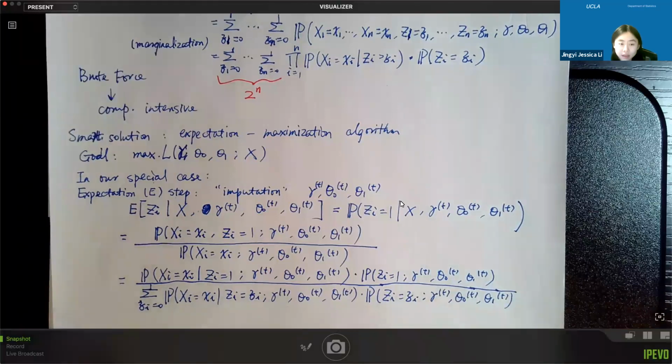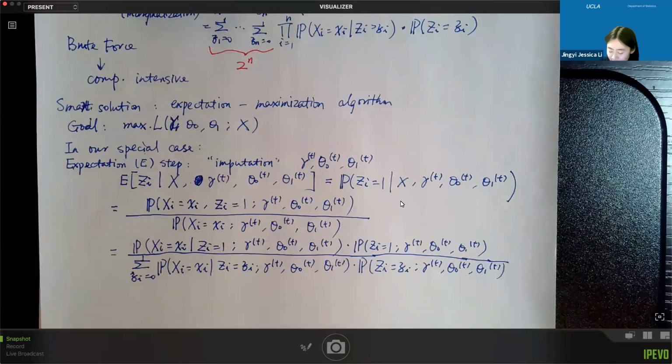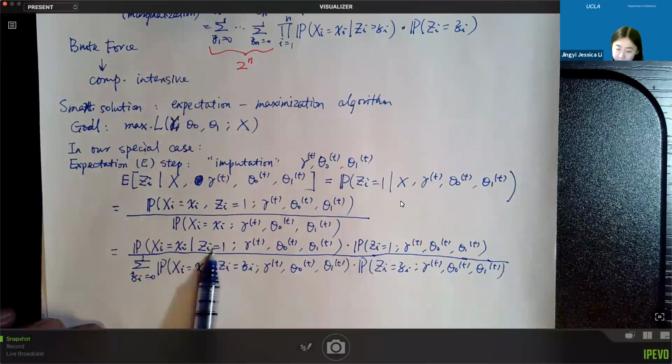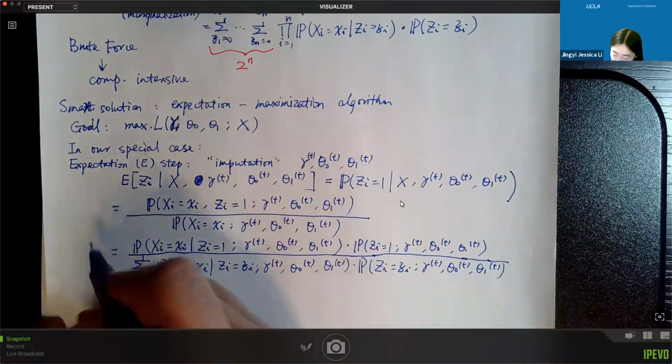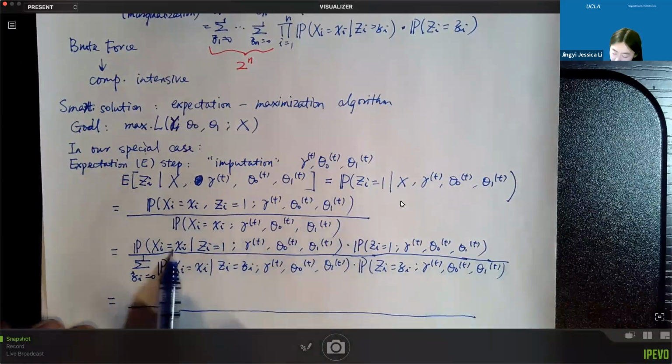We can use whatever we have from the complete likelihood, or the generative model, for this. When Zi equals 1, we use our current parameters to write it out. So when Zi equals 1, what is the probability for xi to take the small xi value? It depends on what the small xi is.